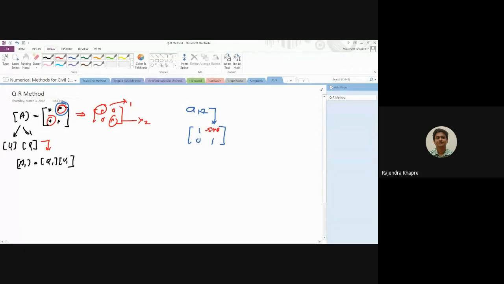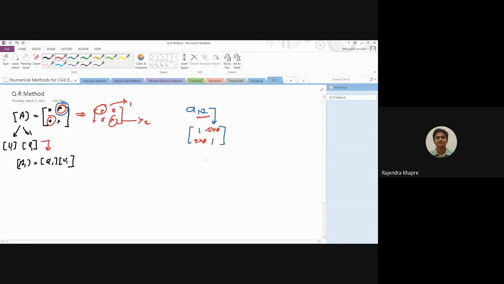The element which we are trying to convert to 0, that location has to be written as minus sine of theta. The subscript here is 1 2, first row and second column. If you interchange it, it becomes second row and first column, which is this particular element. Now this element has to be written as sine of theta.